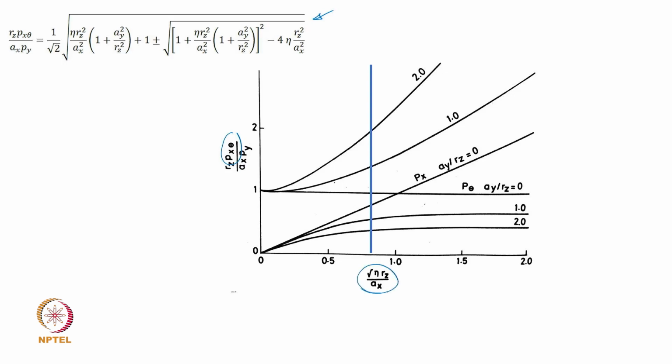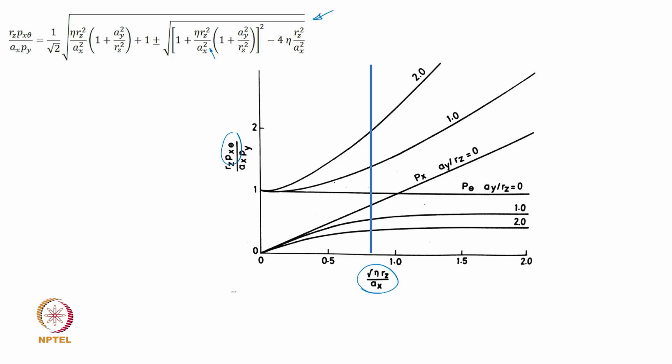We plot it with respect to this parameter, square root of eta rz upon ax, which is basically this parameter. Now we will have to plot it against some parameter which is going to change with the change in stiffness, or with the radius of gyration, or the position of ax. So now we plot these frequencies with respect to this parameter.